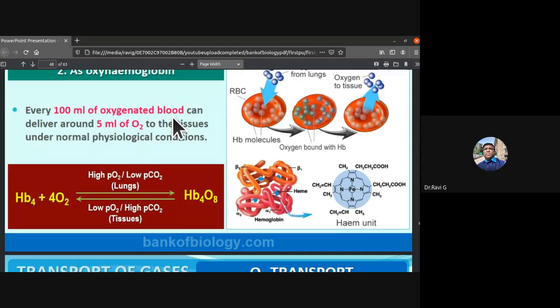For 100 ml of blood it is 5 ml, so for 1 liter it would be 50 ml, and for 5 liters of blood it would be 250 ml. So almost a quarter liter of oxygen is supplied to the tissues under normal physiological conditions.